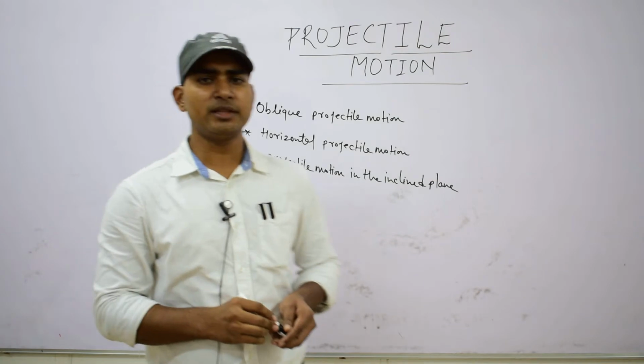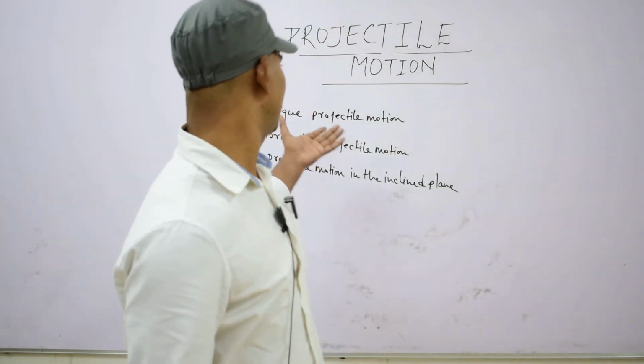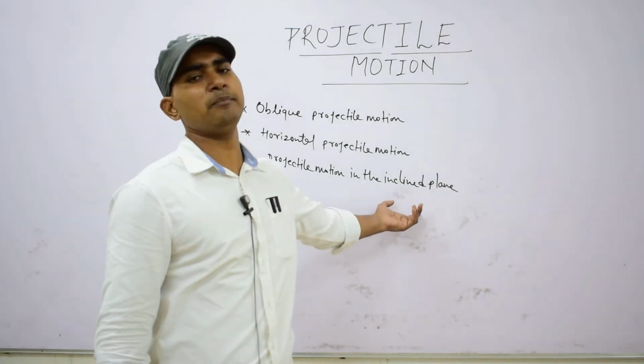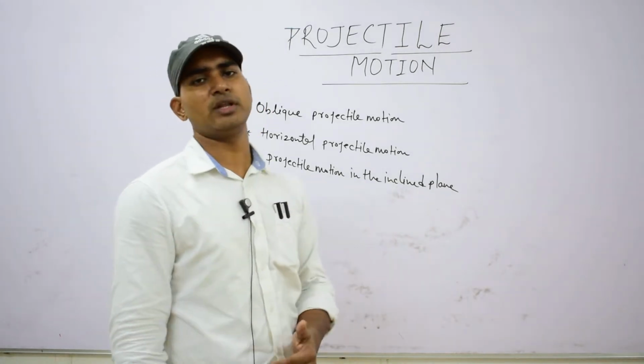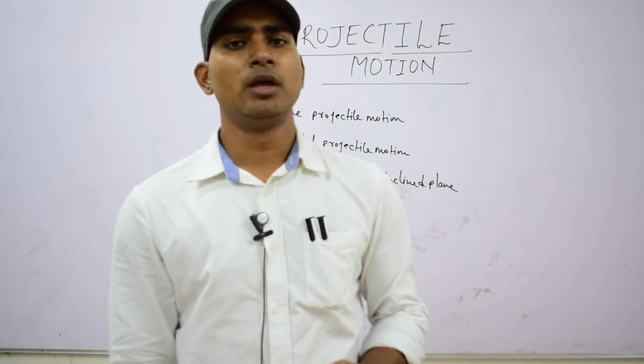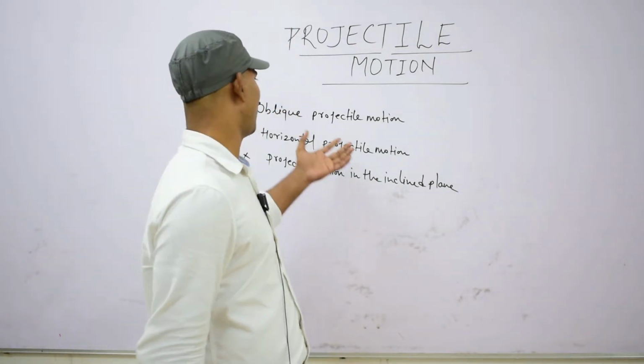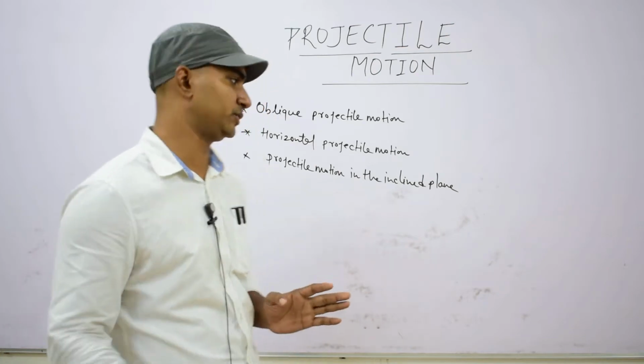So there are basically three kinds of projectile motion: oblique, horizontal, as well as inclined plane. I want to give you the basic diagrams of these three projectile motions.